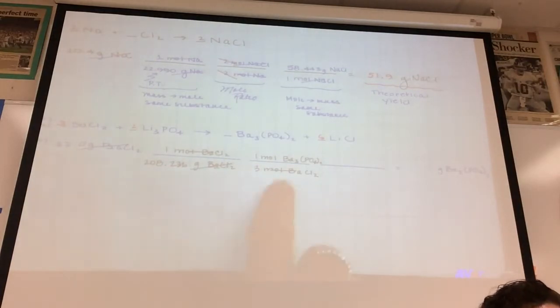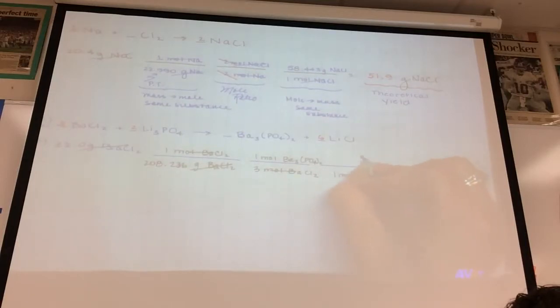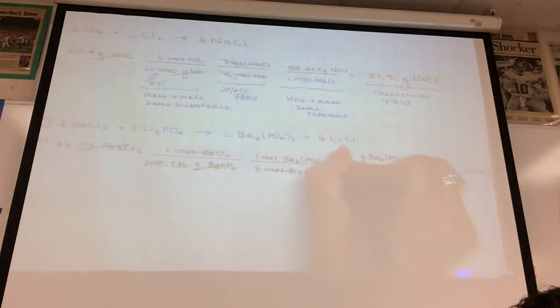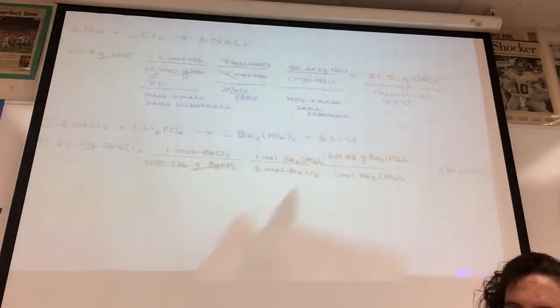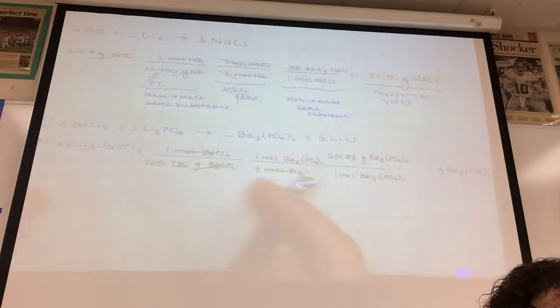And now you have a mole to mass of the same substance back from chapter 7. 1 mole of anything is equal to the mass in grams. I'm going to write this a little higher just so it fits. Be very careful with your calculator now.